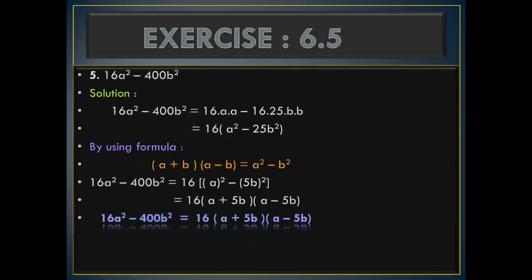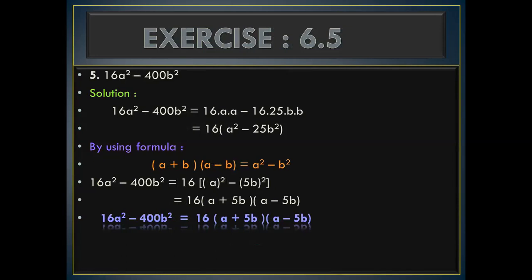Now we have question number 5, 16a square minus 400b square. I told you in the previous lecture that first we see the coefficients of the variables, whether we can get common numbers or not. If there is any number common, first you take common and then you apply the formula.